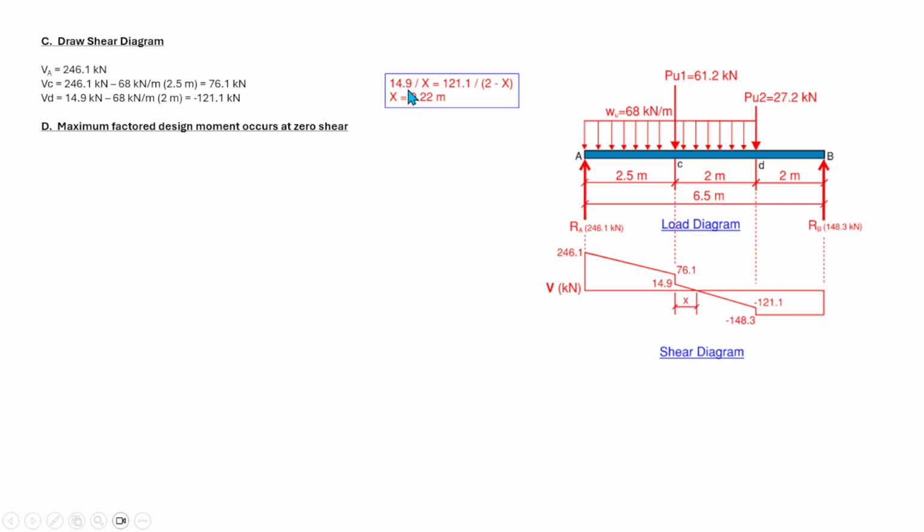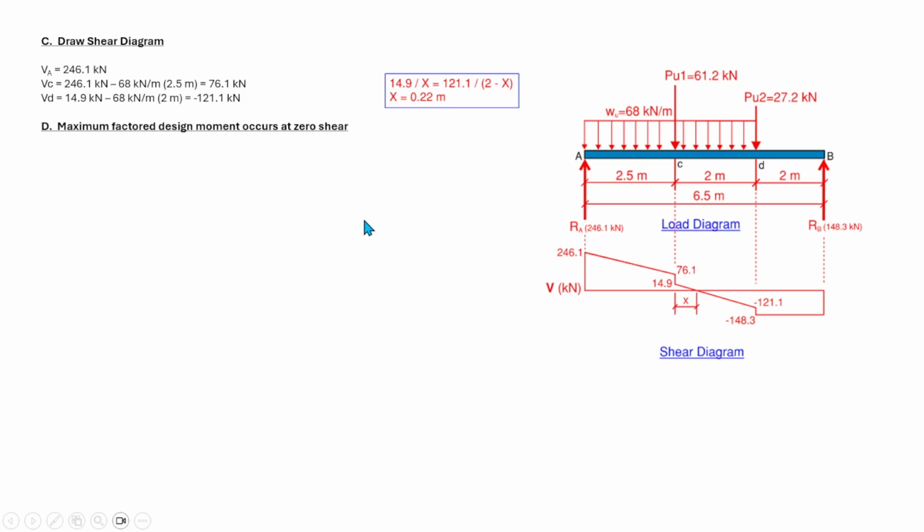So 14.9 is to x, by similar triangles, equal to 121.1 over the length from here to there, which is 2 minus x, so x is equal to 0.22 meters.